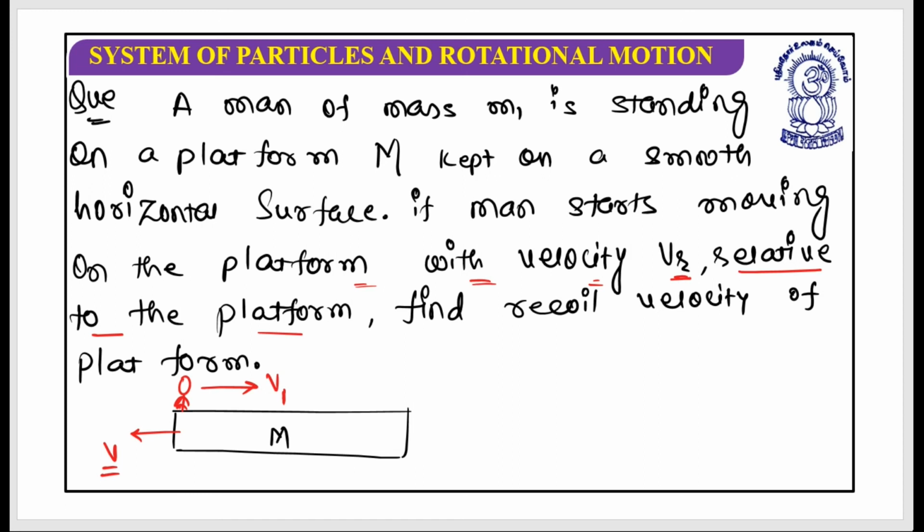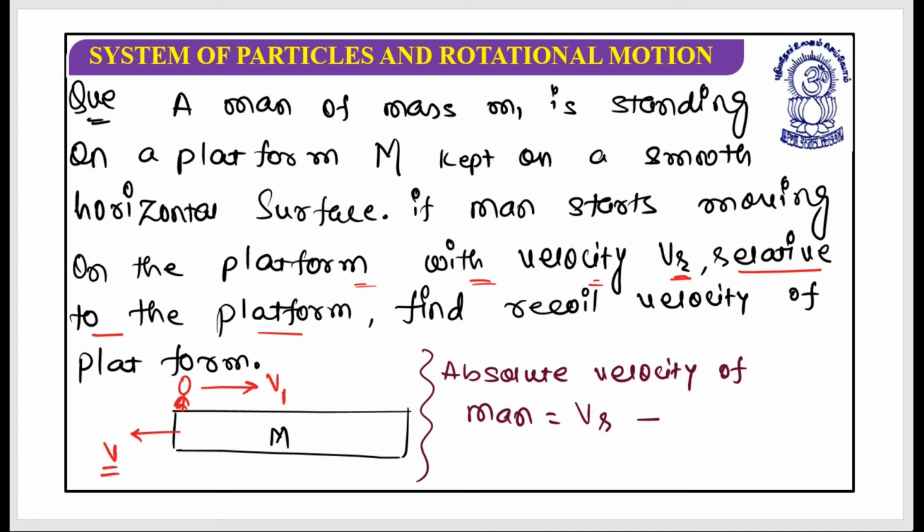So how will I do this? The first thing I must understand is that the absolute velocity of the man will be vr, the relative velocity, minus the velocity of the platform. It is vr minus v. If you are not confirmed with this, go through the data one more time.